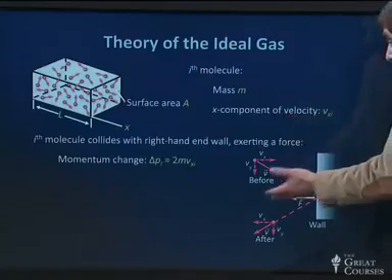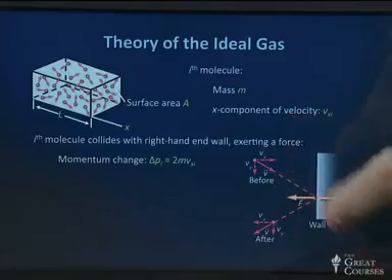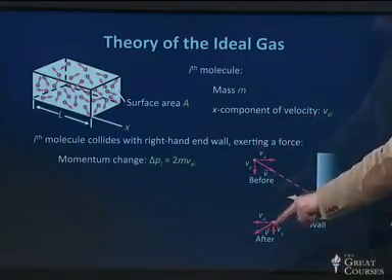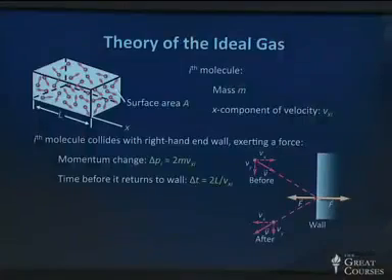So there is a force exerted on the wall. You can think about it several ways. Clearly the momentum of the particle, the molecule, has changed. That means there's been a force on the molecule. Where did the force come from? The only place it could, from the wall. And by Newton's third law, if the wall exerts a force on the molecule, the molecule exerts a force back on the wall. So we're really using Newtonian mechanics here.